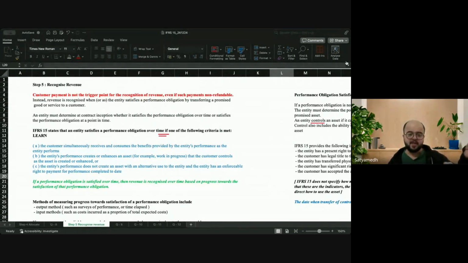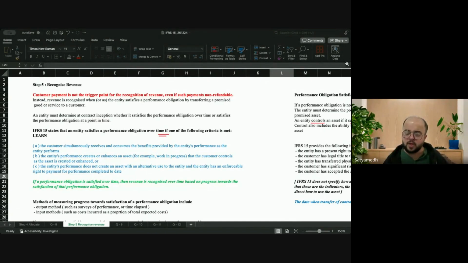If you say that I have done 70% of the work, I should get paid for 70% of the work done. So in IFRS 15, the accounting standard specifically mentions that if the performance obligation is satisfied over time, then you should recognize revenue on the basis of the proportion of work done.